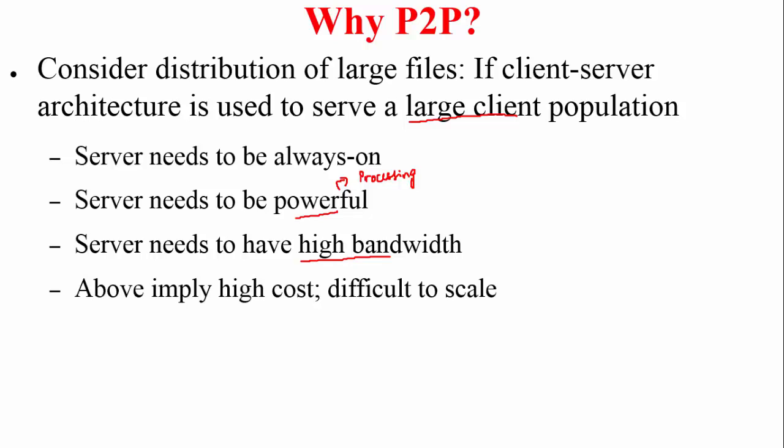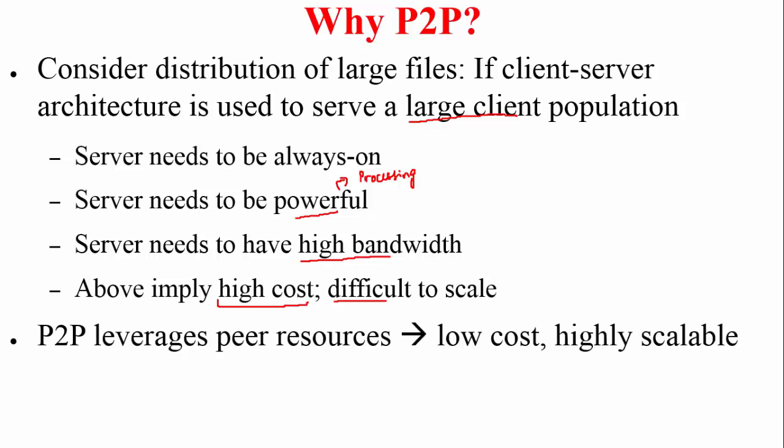In other words, it needs very high bandwidth to support such large client populations. So all this basically implies you have to invest heavily in your servers. So this is going to increase the cost of your system. It is very difficult to scale these systems. In other words, you can only scale them by throwing more money at the problem. The servers often become bottlenecks and crash when too many clients are connected to the server.